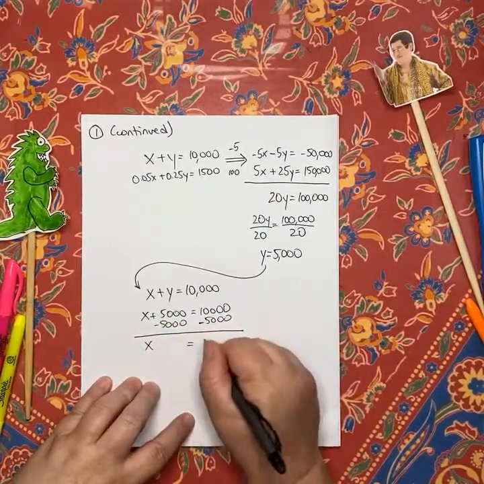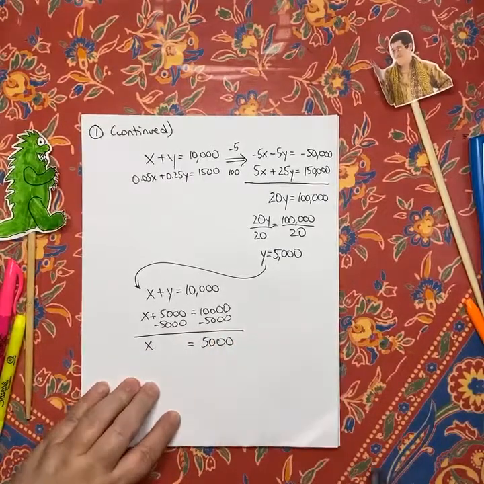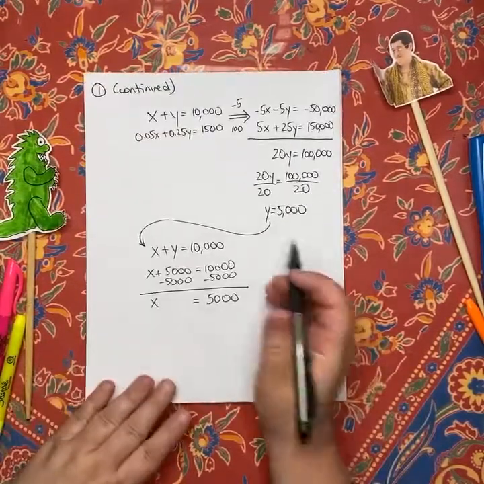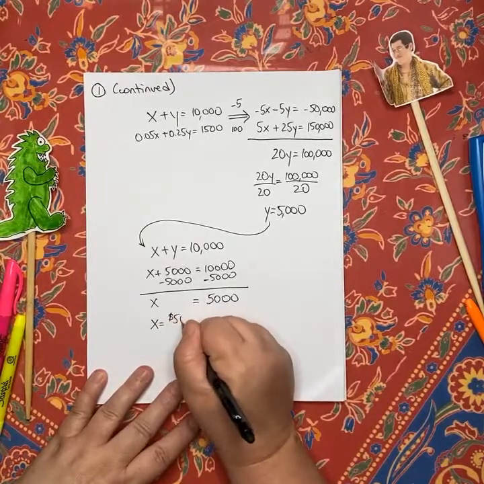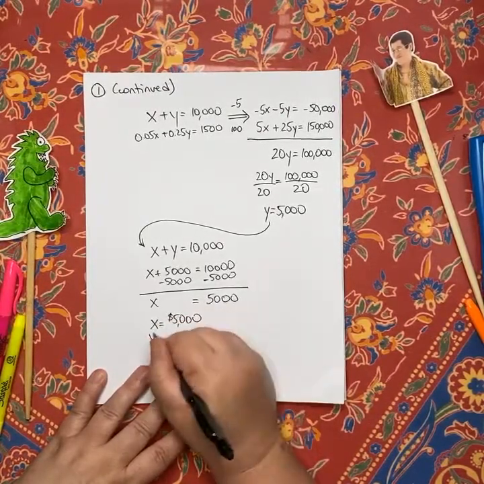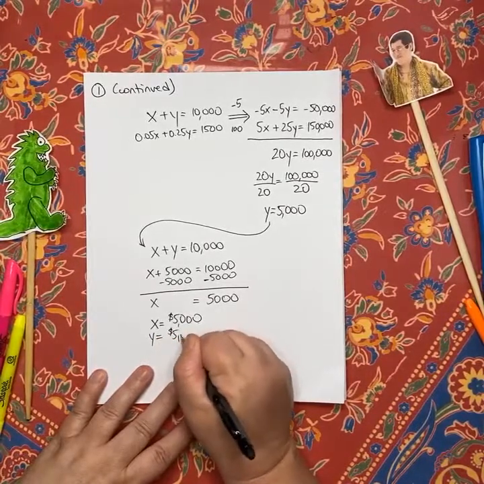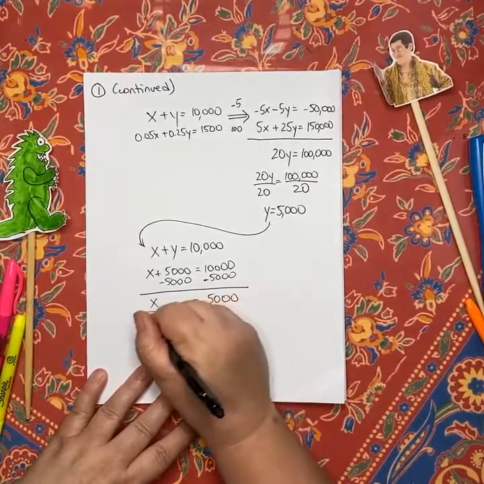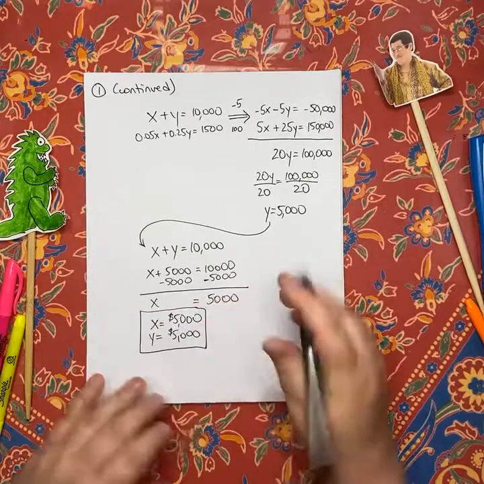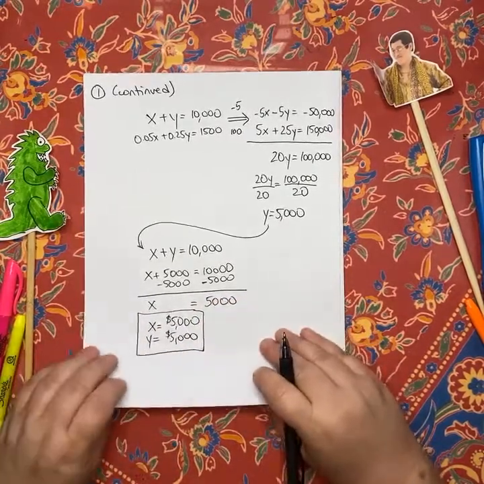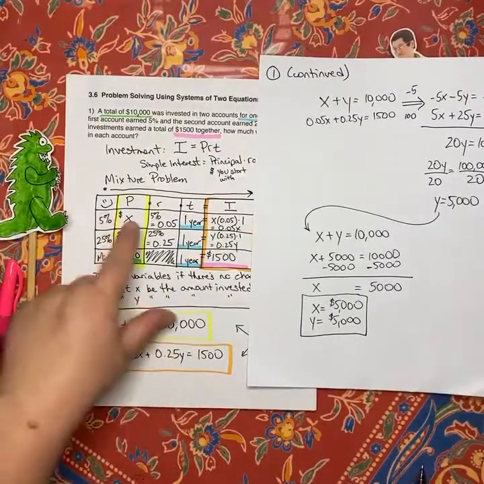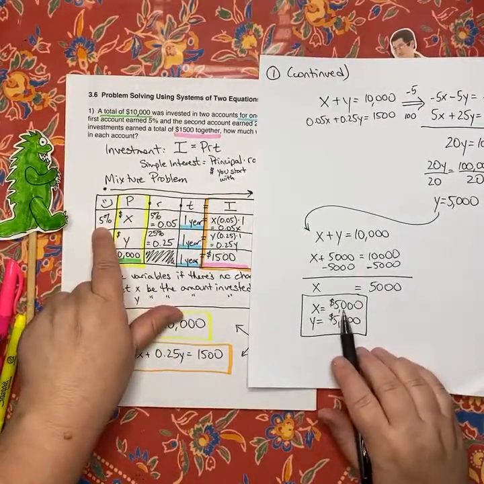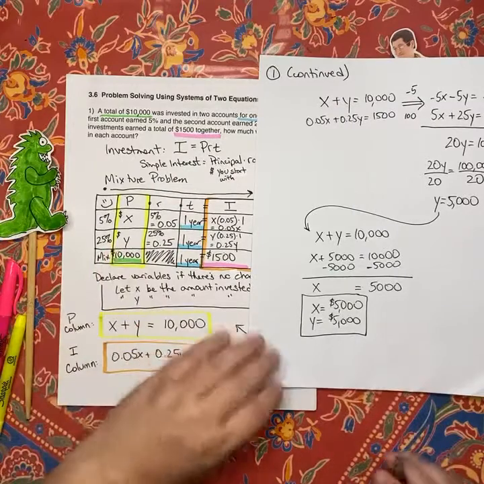I get x equals $5,000. So then at the end, I can just write x equals 5,000. Remember to use units. y equals 5,000. And then anyone reading the paper would be like, wait, which is which? You can go right back to the chart and see that x was the 5%. This is 5% and this is 25%.